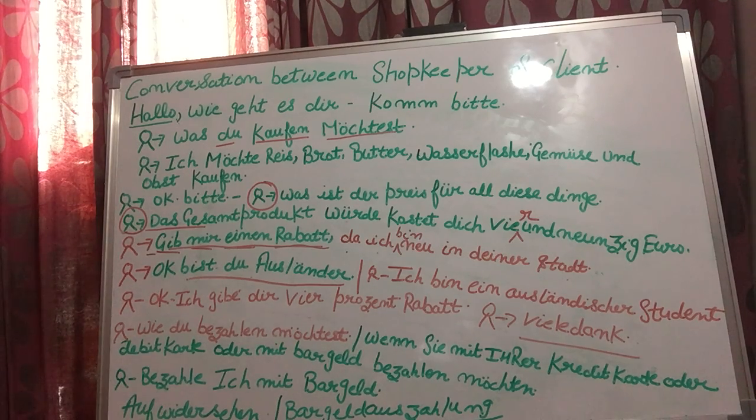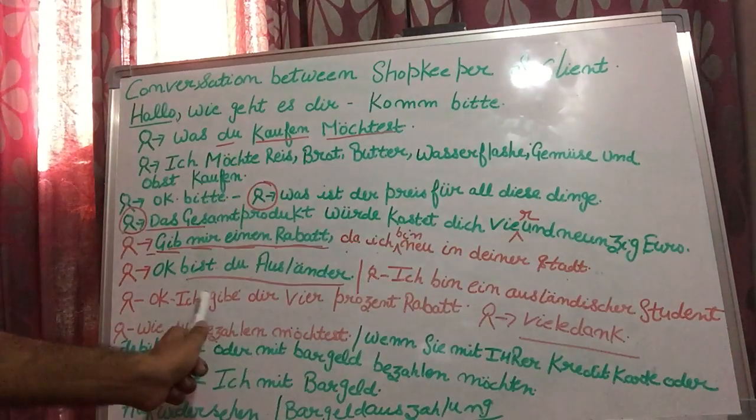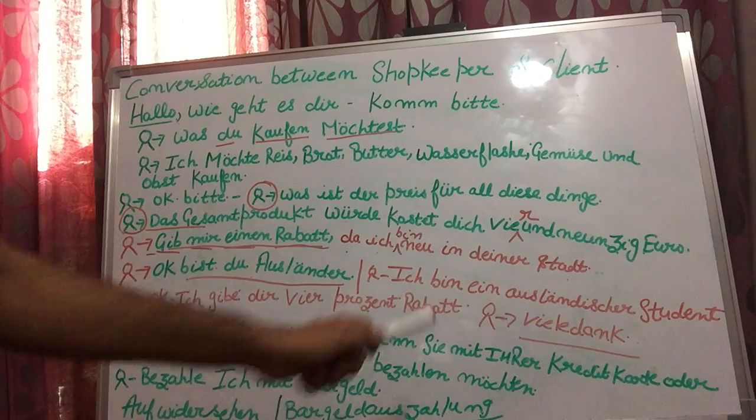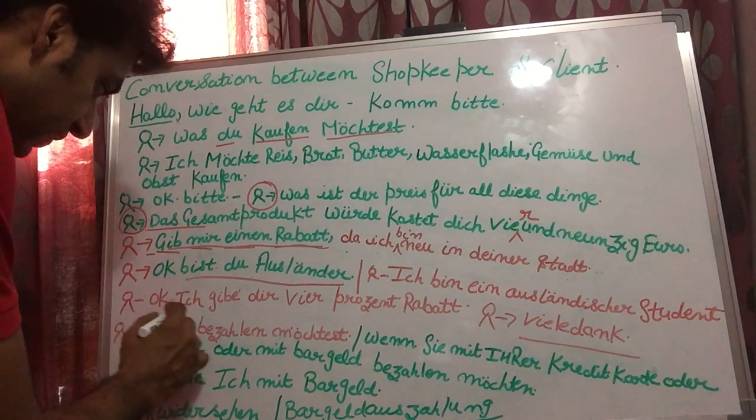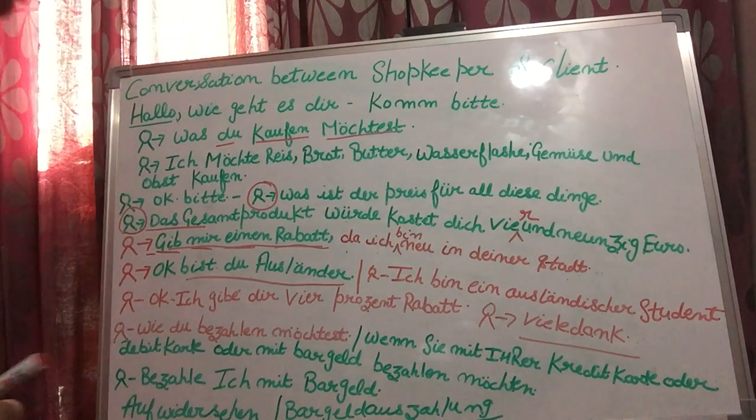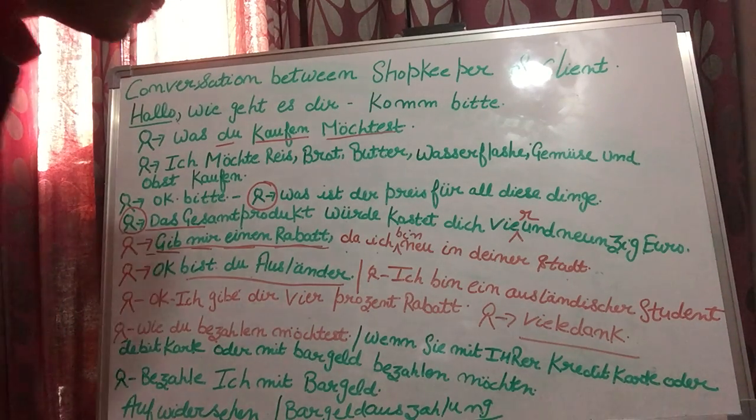Now again the shopkeeper will say, okay, so here we have done till ausländischer. Ich gebe dir 4% Rabatt. Okay, very good. So the shopkeeper will say, ich gebe dir 4% Rabatt.